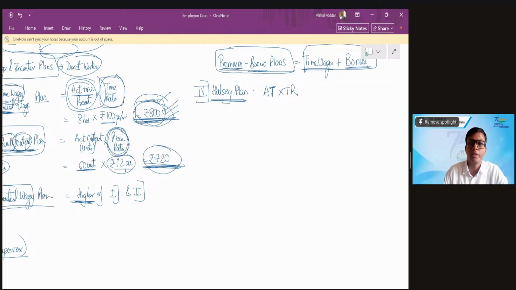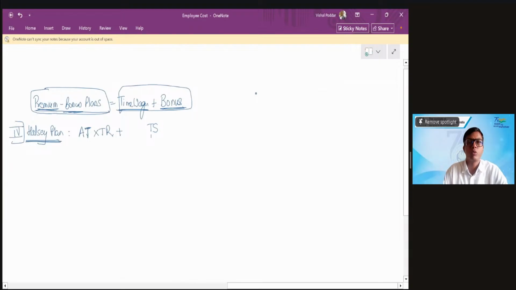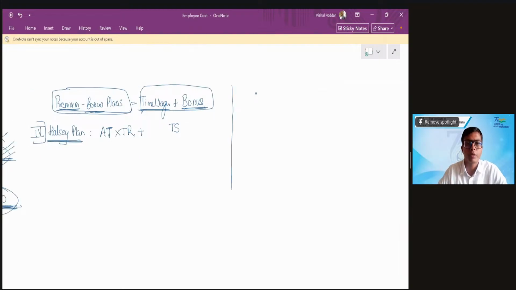Now, pay attention because something interesting and something new is coming up. There is a concept called time saved, short form TS. To understand this plan, you'll first have to understand what time saved is, because for these plans you need to understand this concept.